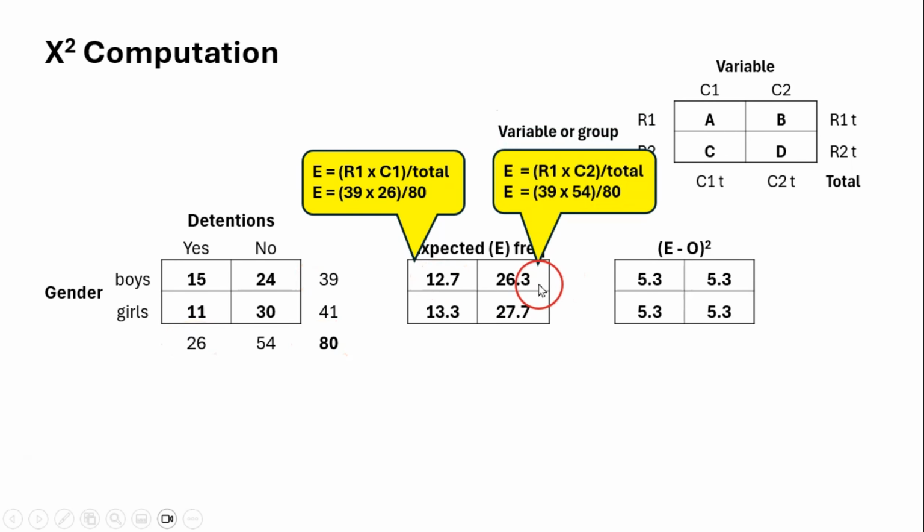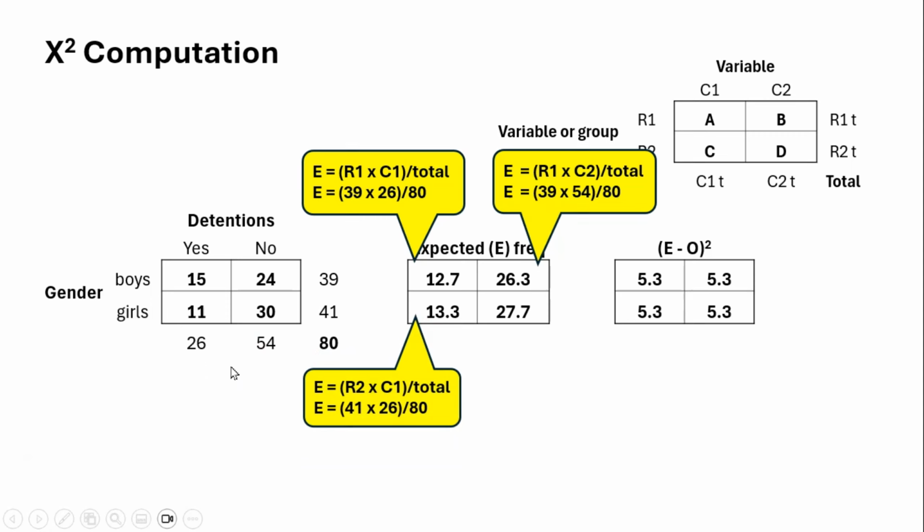So for cell B, the corresponding marginals are row 1 and column 2. So in that case, we would take 39 times 54, because you're looking at this cell here. So 39 times 54 divided by 80, and that is equal to 26.3.